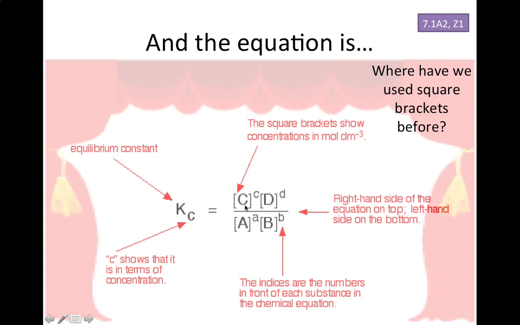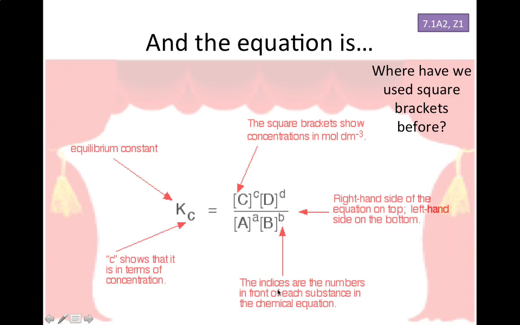That would be whatever my one product is, my other product, and these are the stoichiometric coefficients. So it'd be a 1 or 2 or 4, whatever it was to get it balanced. That's the number that goes up as the power that I'm raising it to. The right-hand side, the side that I generally consider my products, goes on the top. The left-hand side goes on the bottom.